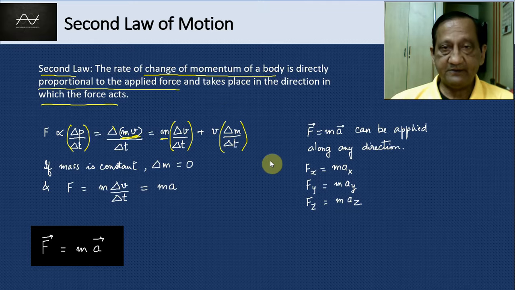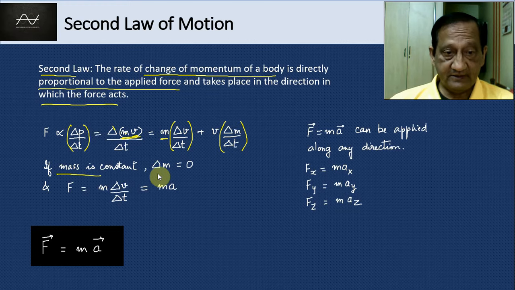This is the second law. In the special case that mass is constant, delta m is zero. Delta means change, that is zero. Then delta m zero means this term vanishes and we are only left with m delta v by delta t, and delta v by delta t is acceleration, so force equals ma.